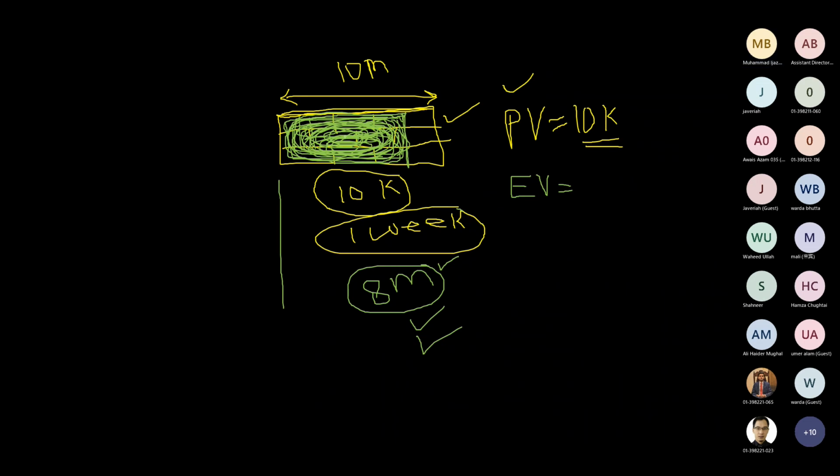Is it clear? So the amount of money that we have approved for the completed work is called earned value. That means this work was of 10,000, and out of this we have completed a work of 8,000. Is it clear?